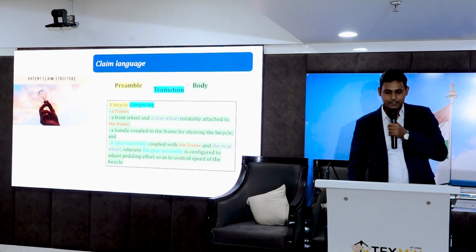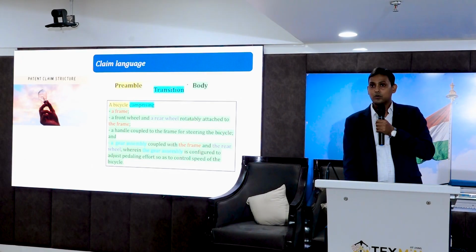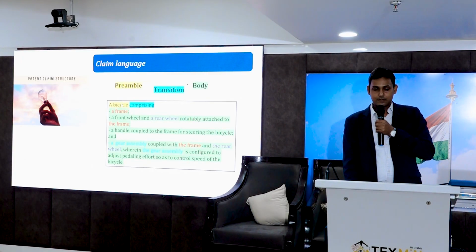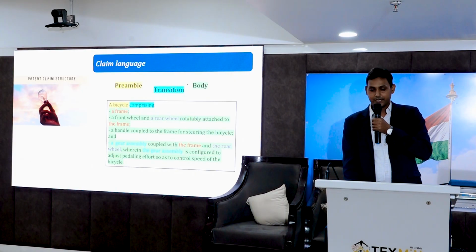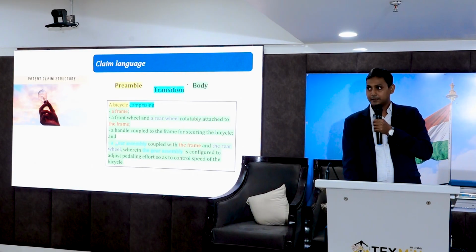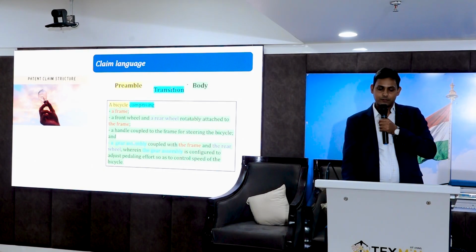Here you can see this "bicycle" is called the preamble, marked in yellow. This is basically the field of your invention, which we call the preamble. Then the transition is the connecting words between the preamble and the body, and the body is the rest of the portion.